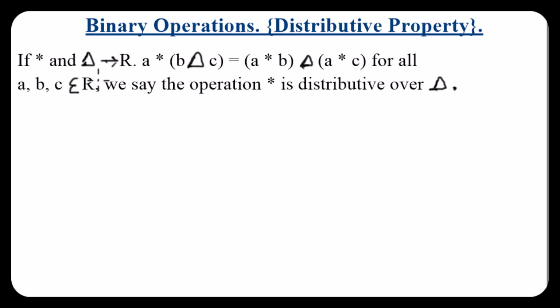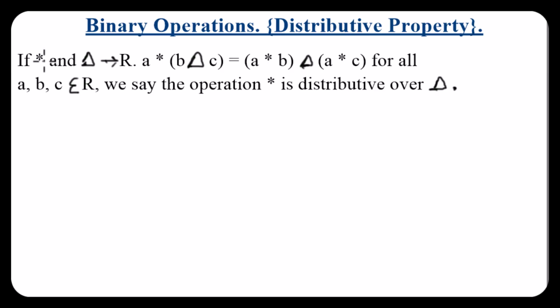I'll say it again. It says if star and delta have been defined over a set R of real numbers. What are real numbers? Numbers from negative infinity to positive infinity. That is whole numbers. Minus 1 billion is a real number. Plus 2 billion is also a real number.